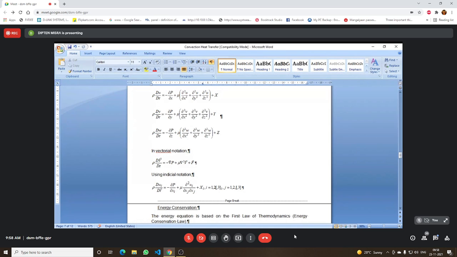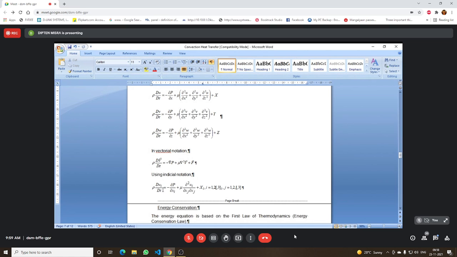Now when i is equal to 1, it means the velocity component along the x-axis, which we normally write as small u. When i is equal to 2, it is the velocity component along the y direction, which we call v. And when i is equal to 3, it is the velocity component along the z axis, which we write as w.